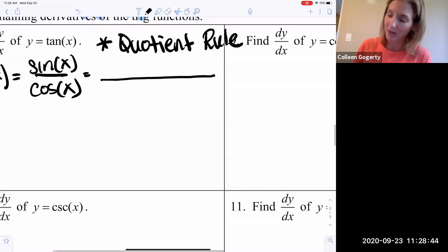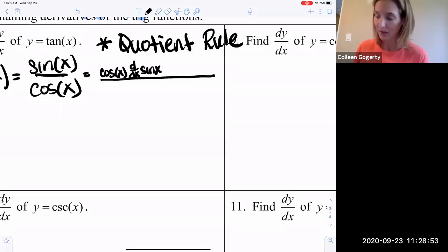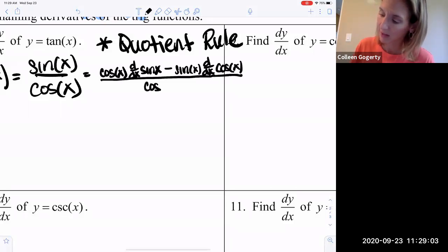But overall, I'm going to have the denominator times the derivative of the numerator, minus the numerator times the derivative of the denominator, all over the denominator squared.